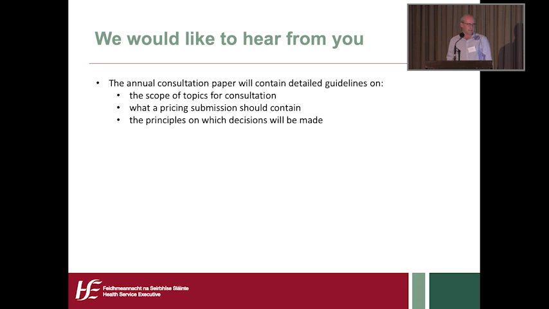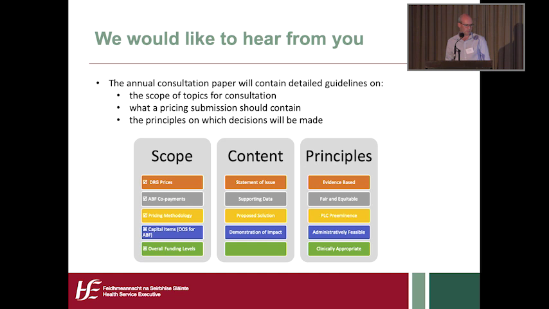We will give details on the scope of the topics that we want, what a pricing submission should contain, and the principles that the decisions will be made on. So in terms of scope, we want to hear about the DRG prices, ABF co-payments, the pricing methodologies. Capital items are out of scope for ABF, so there's not really any point in including those, and overall funding levels as well.